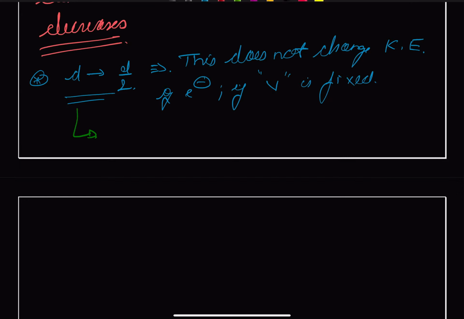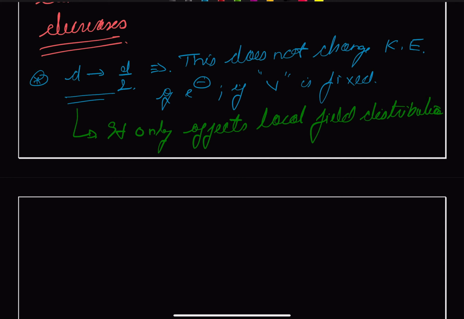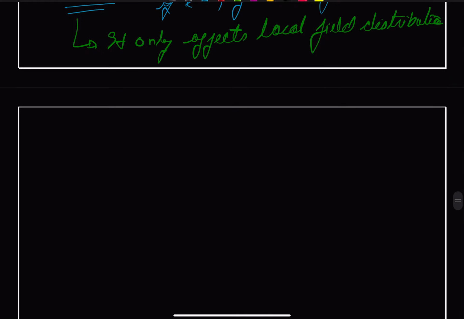Changing d to d by 2 only affects the local field distribution. So this change in d does not affect lambda minimum or the characteristic wavelength.